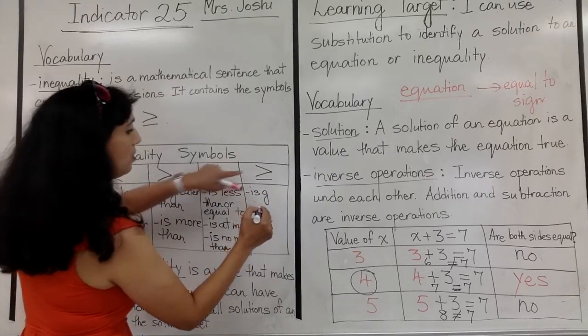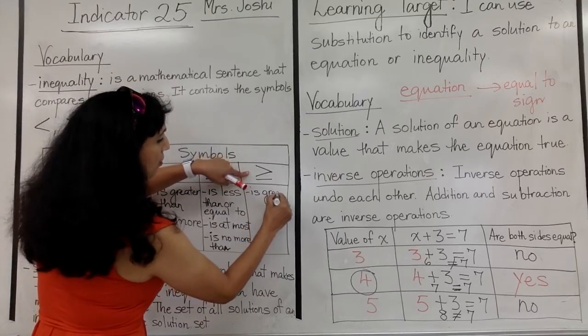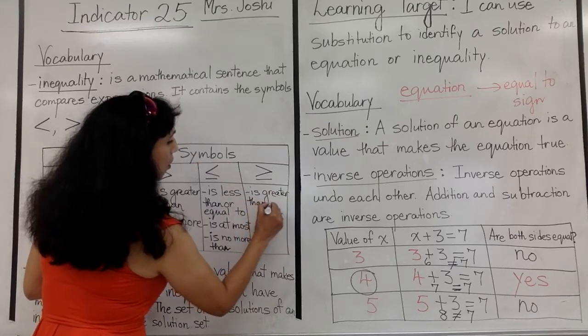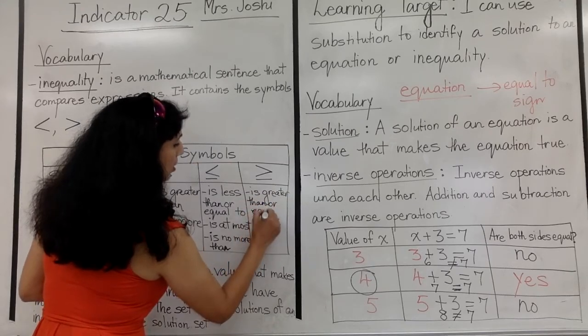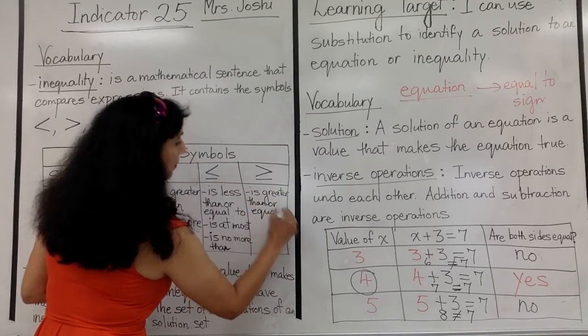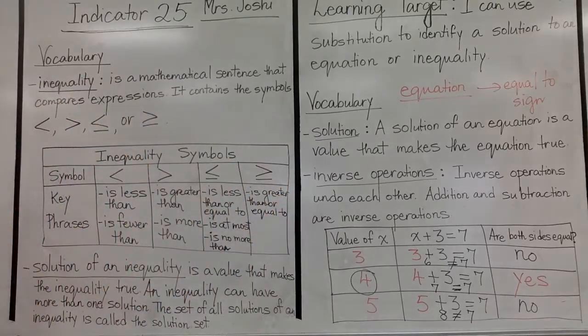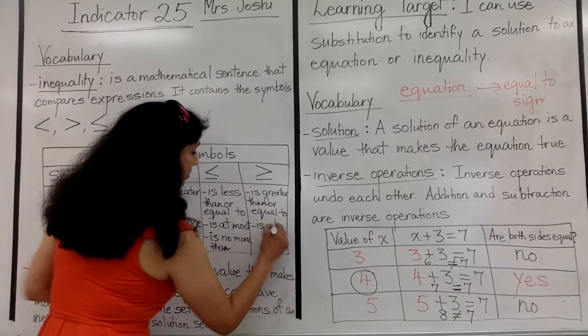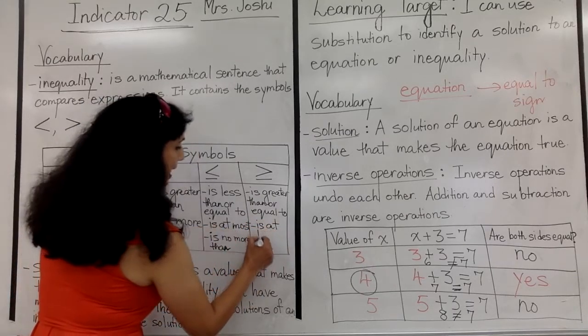This is less than or equal to. This is going to be greater than or equal to the other number, which is on this side. Then you can say "is at least." If that is at most over here, this is at least.